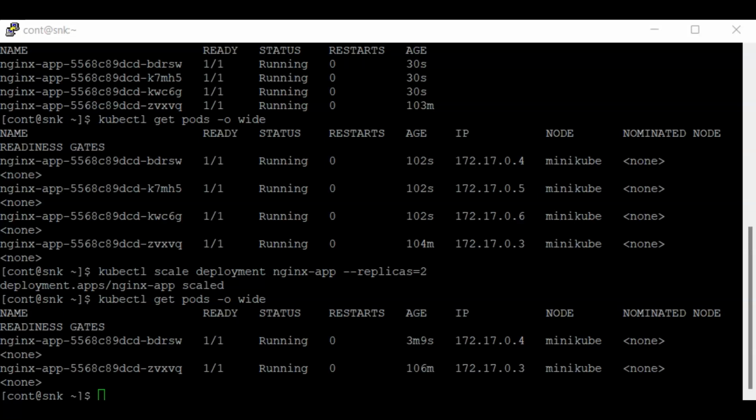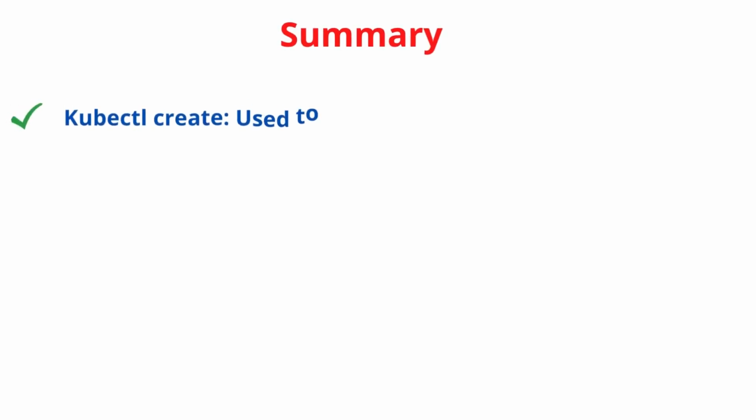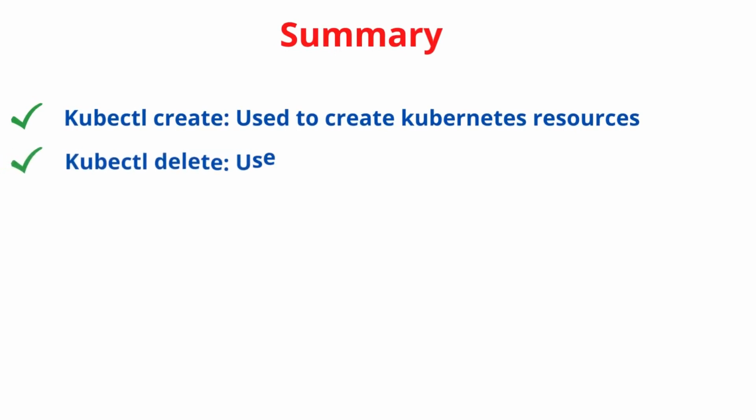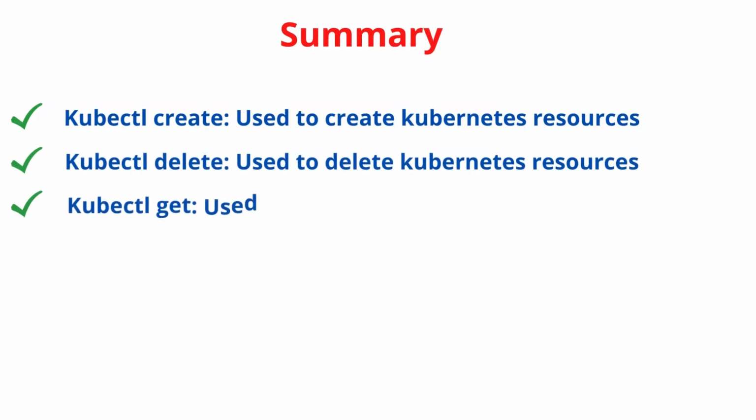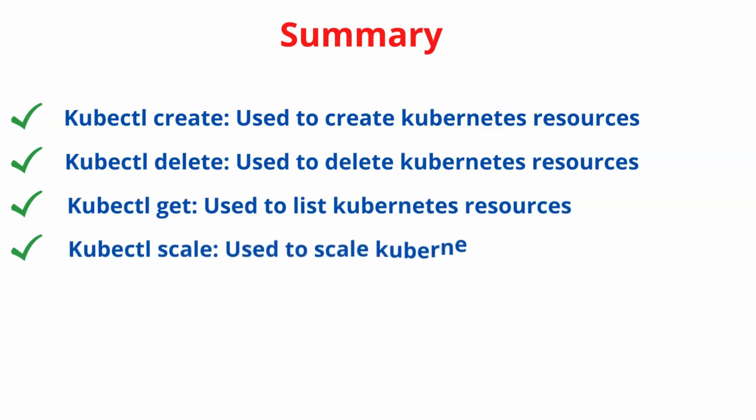So to summarize everything that we've learned, we have been able to use ad hoc commands to create some Kubernetes components, and these commands are: kubectl create, which will create any Kubernetes object. kubectl delete, which will delete any Kubernetes object. kubectl get, which will get information about any Kubernetes object. kubectl scale, which is used to scale pods in a Kubernetes cluster.